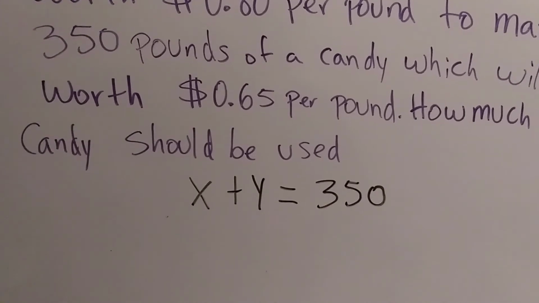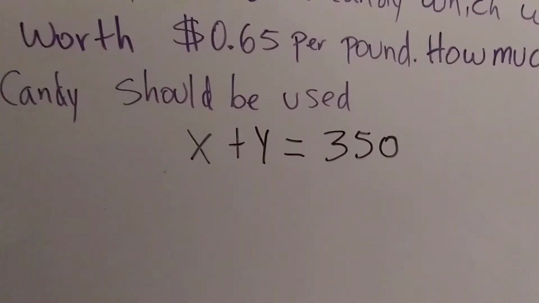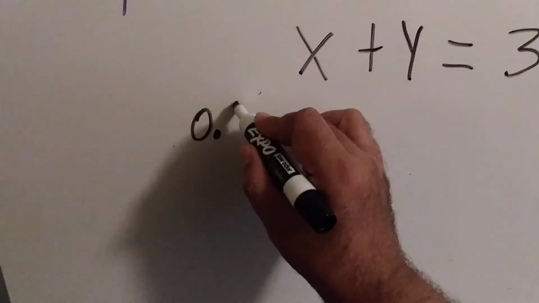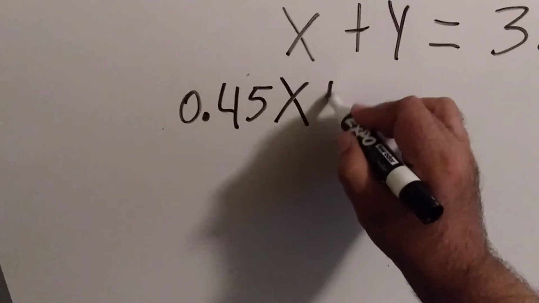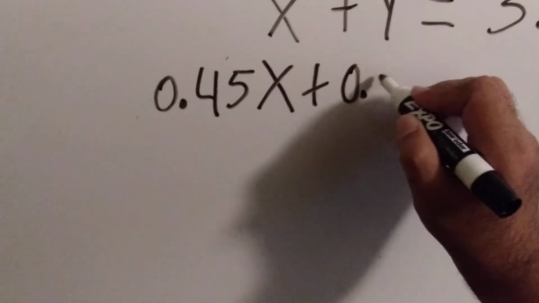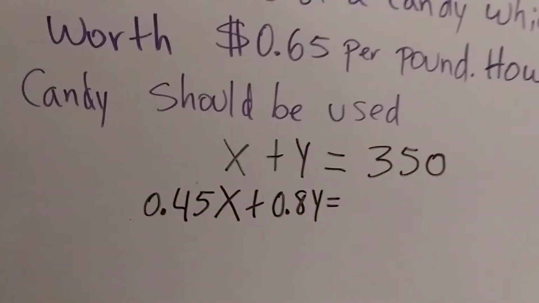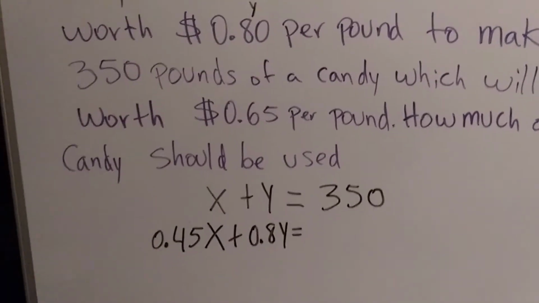is going to involve, one is quantity and one is involved in the monetary, right? The money. So here we're going to have 0.45x plus 0.8y is equal to what now? How do we determine the money here? Well, think about it.